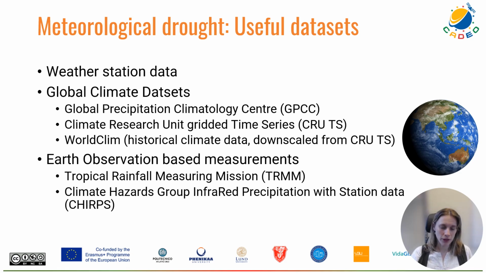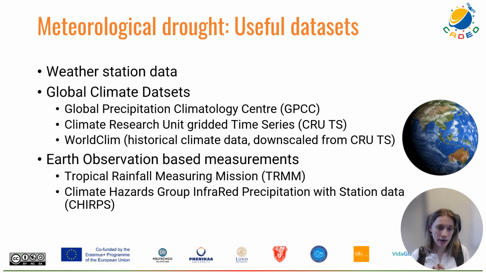For example, the Tropical Rainfall Measuring Mission, which has sadly ended, but provides data for quite a long time period, or the Climate Hazards Group Infrared Precipitation with Station data, which is a combination of Earth observation data and weather station data, which I think is really good.